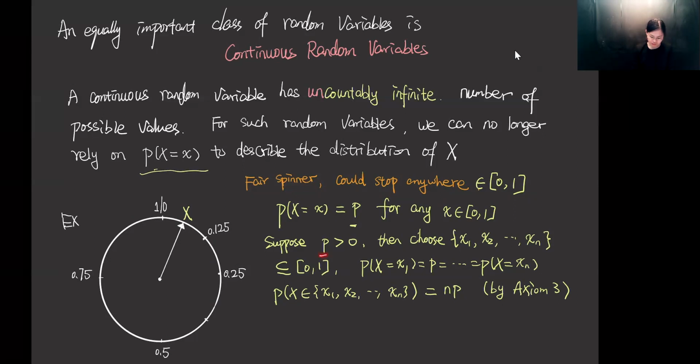So if P is greater than 0, there can always be an n large enough such that nP is greater than 1. Well, all you need to do is to choose an n that is greater than 1 over P, which is a positive number.